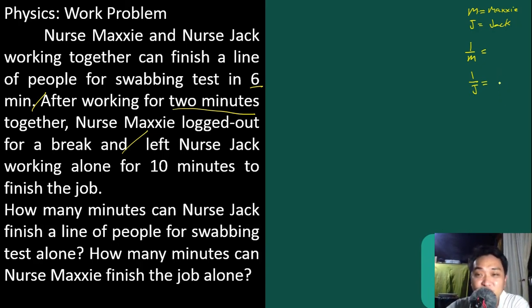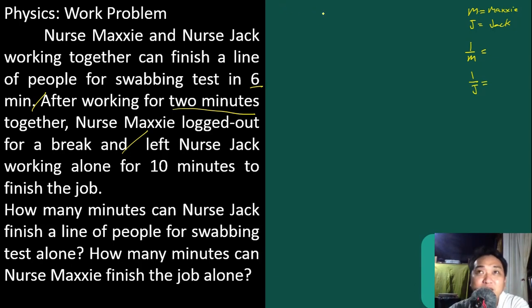At the same time, 1 over M is the portion of the job that Maxi could finish. So if that is the case, it also symbolizes the rate of Maxi and the rate of Jack.